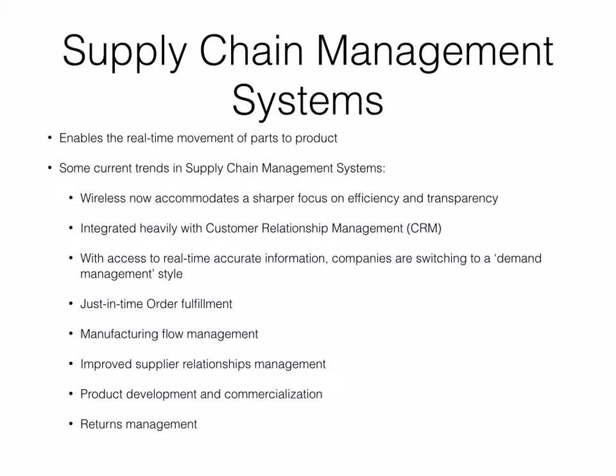So some current trends in supply chain management systems are that wireless now accommodates a sharper focus on efficiency and transparency. It's integrated heavily with things like customer relationship management.